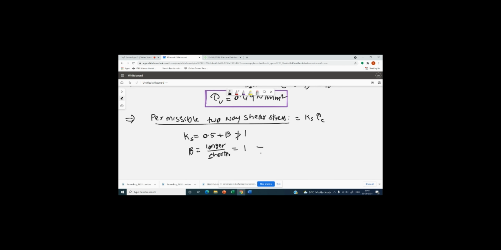So on substitution, Ks will be equal to 0.5 plus 1. So this is 1.5. But it shall not be more than 1. So therefore, we will take Ks as 1. We got the value of Ks.